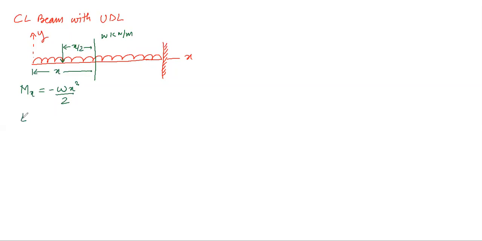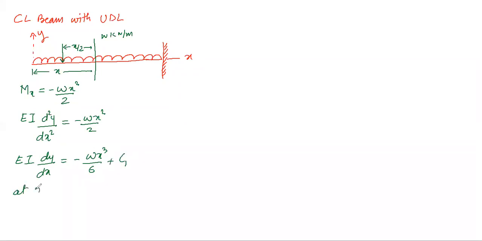So it means what? It is also to be defined as, if we take, that is EI d square y by dx square is equals to minus wx square by 2, right? Now integrating it. So what we'll get, EI dy by dx is equals to minus wx cube by 6 plus C1, right?